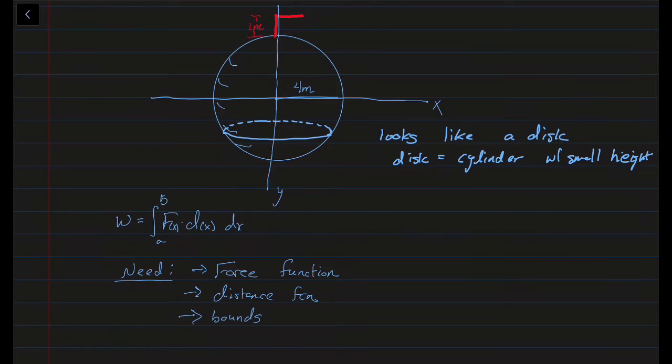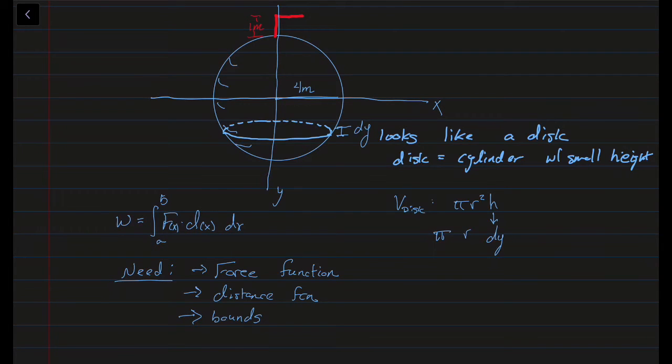So let's get ourselves into writing mode again and take a look at the volume of a disk. Well, it's a circle with a small height, so it's going to be pi r squared h. Our height is just going to be this very small increment dy that we're pumping out.